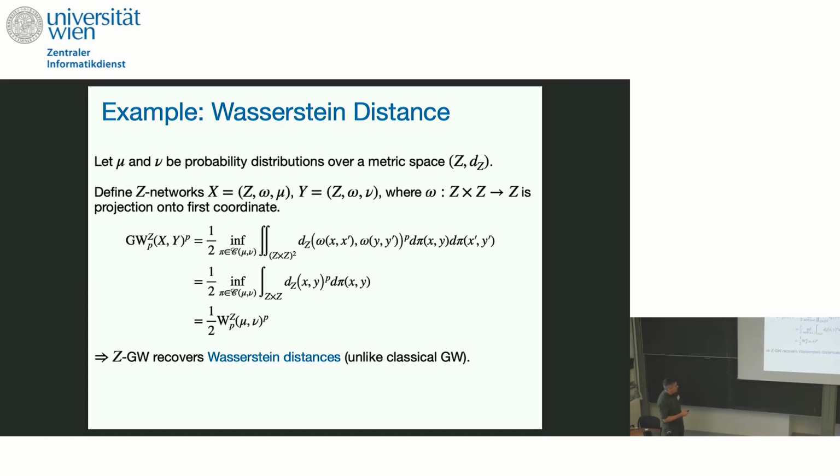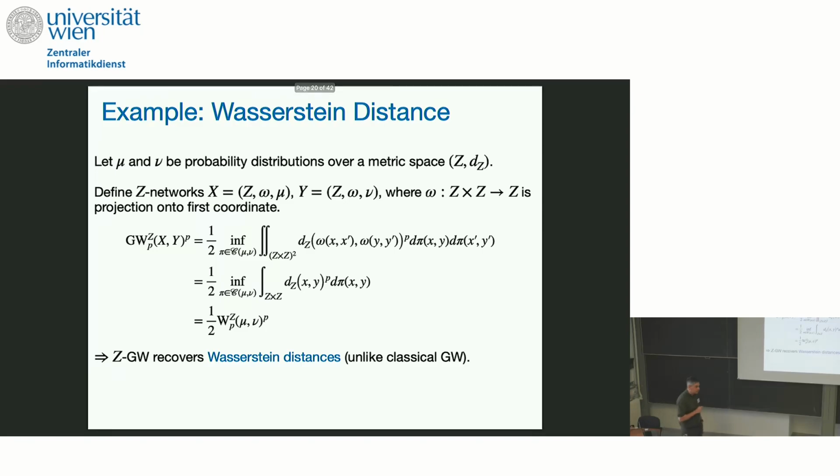If I compute the Z-Gromov-Wasserstein distance between those networks, the kernels just project on the first coordinate, so I can integrate out one of these copies of pi, and I end up with Wasserstein distance, up to some constant factor, maybe 1/2 to the p. We recover Wasserstein distance, unlike classical Gromov-Wasserstein distance, which is not a generalization of Wasserstein distance. This is.